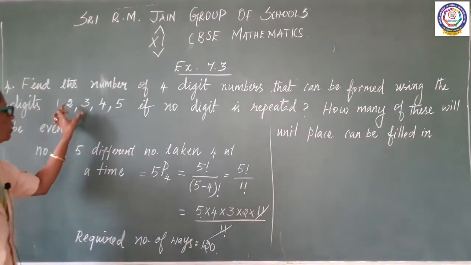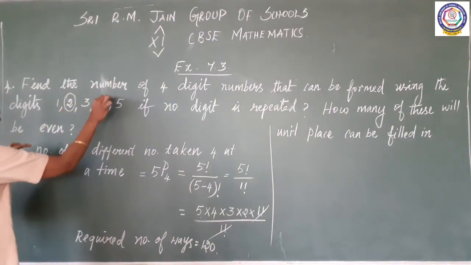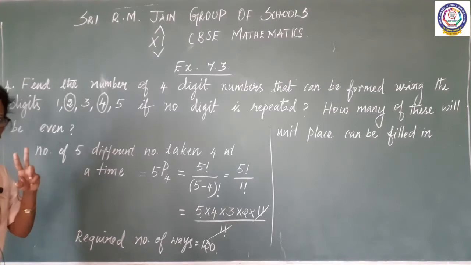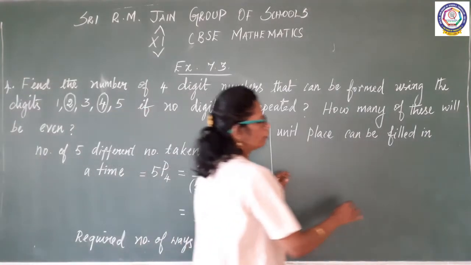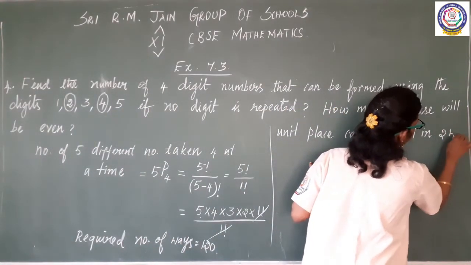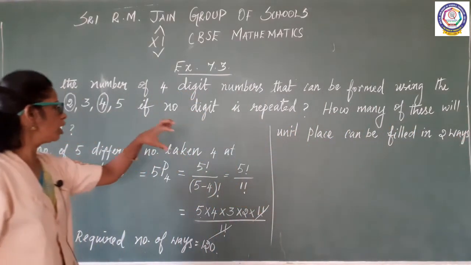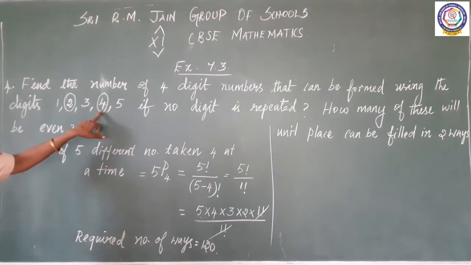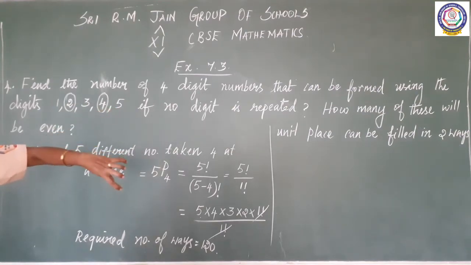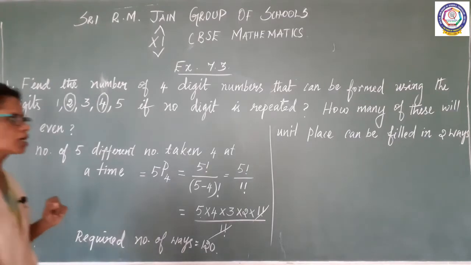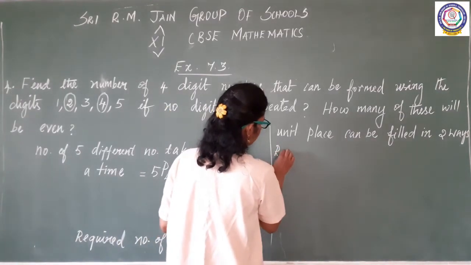How many even numbers are there? 2 and 4 are the even numbers, only 2. So it can be filled in 2 ways. Okay. For example, in the unit place, 4 is fixed. That means how many remaining numbers are there? 1, 2, 3, 4 numbers. Out of 4 numbers, you are going to take how many numbers? 3 numbers, right?